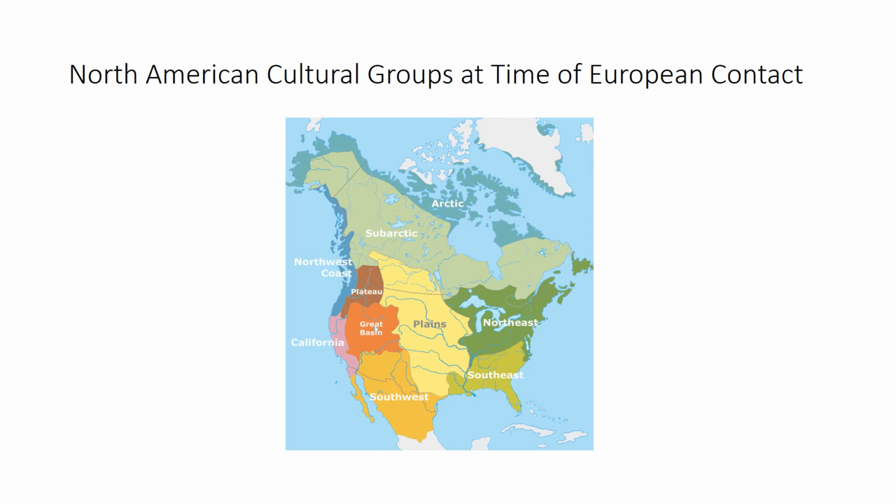And each of those tribes, each of those nations had their own unique culture. Usually they spoke their own language that other people didn't speak, although some of them were kind of related in their language, like I mentioned earlier, Athabascan language groups.